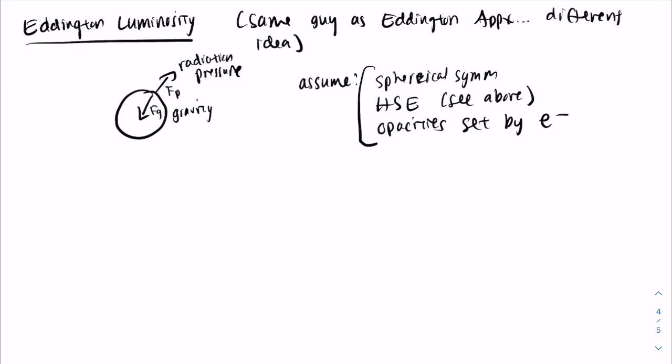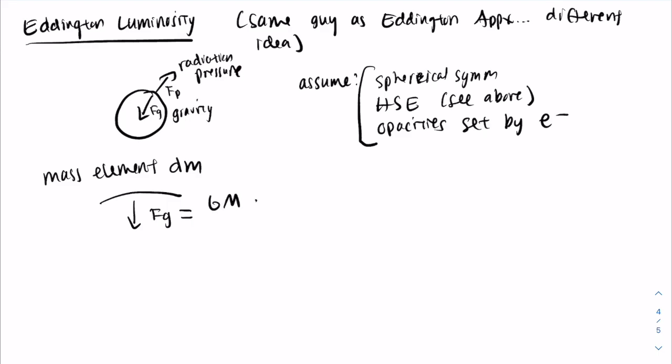To start with, similar to when we started deriving the equation of hydrostatic equilibrium, we're going to write an expression for a mass element dm at the surface of the star. So this mass element dm is experiencing downward force due to gravity, and then upwards force due to radiation pressure.